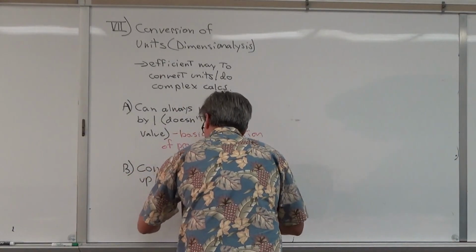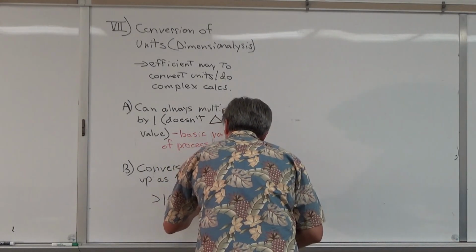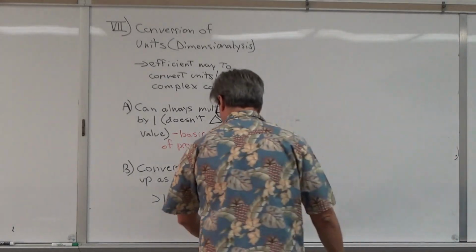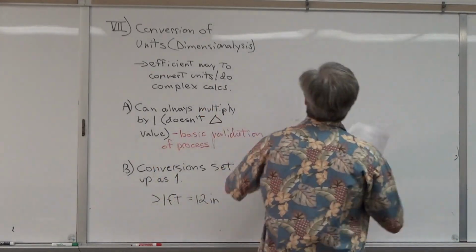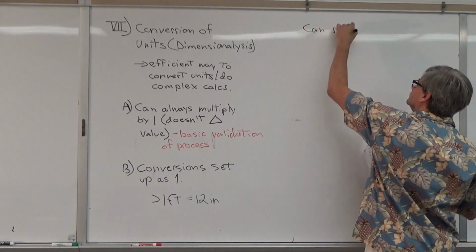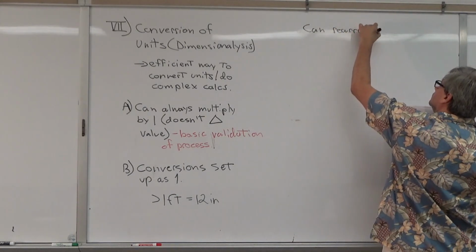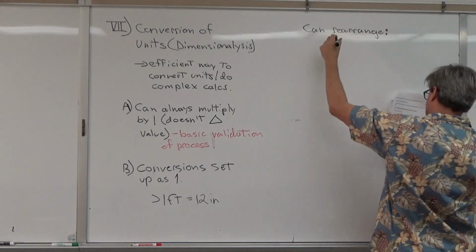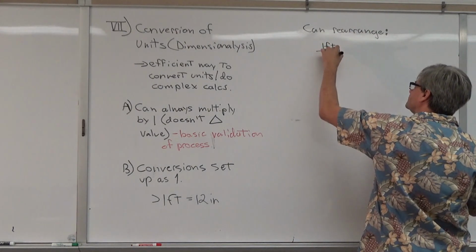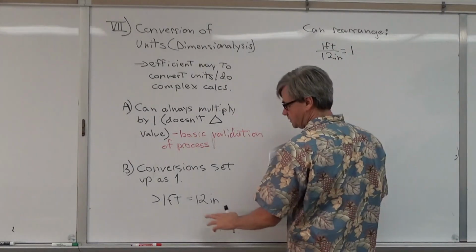So example, same one I discussed. 1 foot equals 12 inches, by definition. Can rearrange. So 1 foot over 12 inches equals 1. Simply just divided both sides by 12.